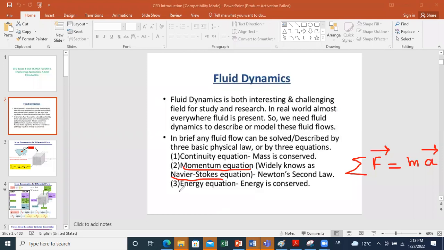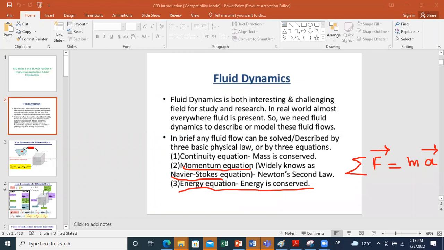And the third equation is the energy equation. So you do a balance of energy. You consider all possible heat fluxes, conduction, convection, radiation, and then you put them in one equation to relate, let's say, temperature to other variables in your domain.